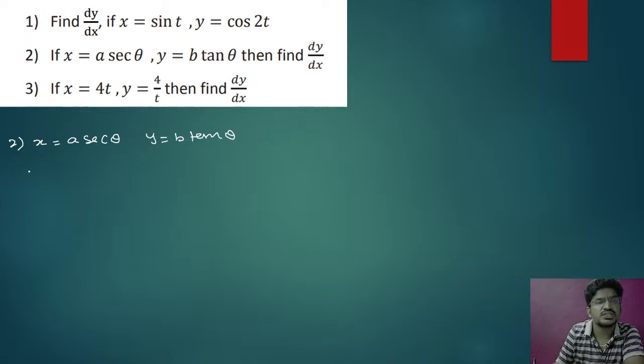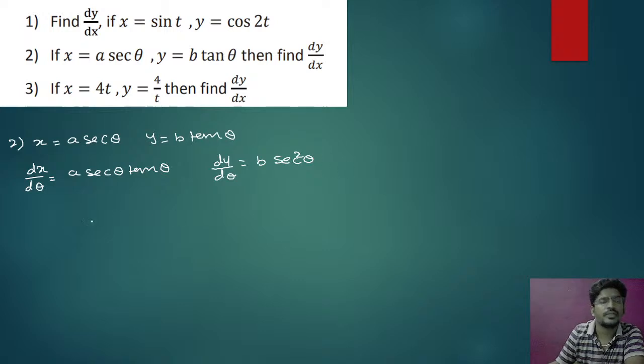So here you can just see dx by d theta will be a sec theta into tan theta. Dy by d theta you can just see b secant square theta. So therefore now dy by dx will be equal to dy by d theta divided by dx by d theta.